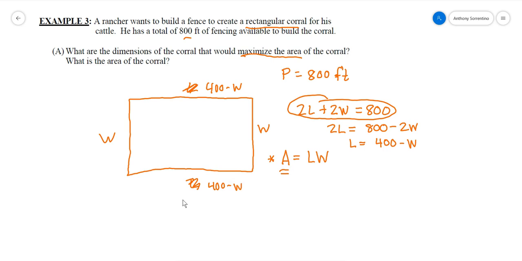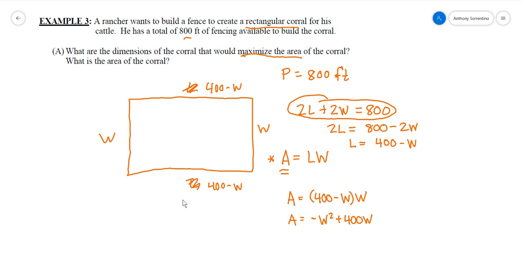So now my formula for the area is 400 minus W times W, which is negative W squared plus 400W, which is a quadratic function.